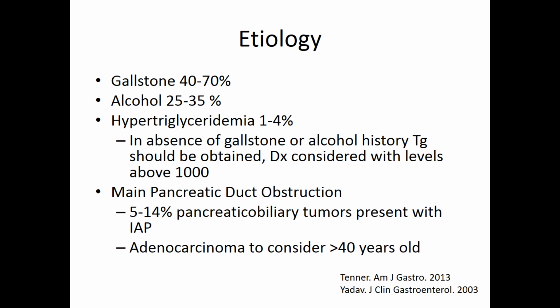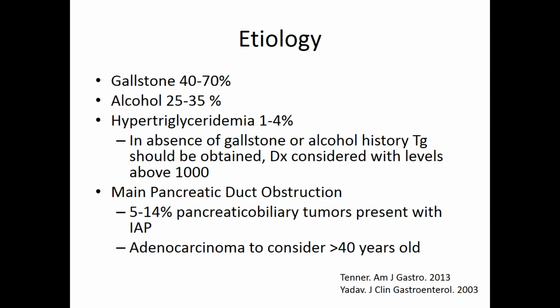A triglyceride level above 1,000 may cause acute pancreatitis. Lower levels are usually not causing acute pancreatitis, so if it's just a mild elevation, I would not attribute the acute pancreatitis to hypertriglyceridemia.